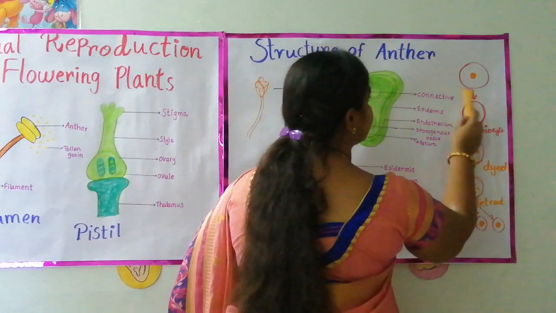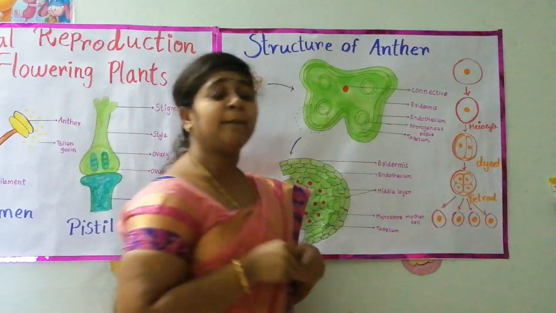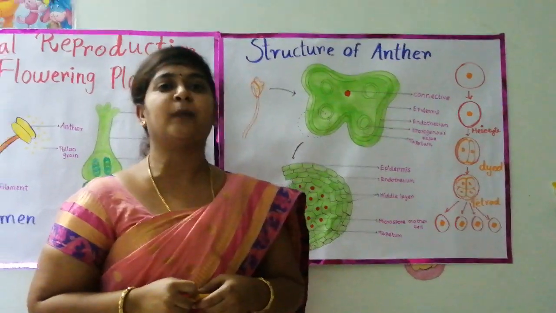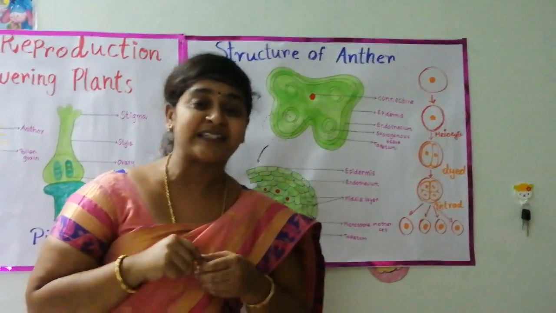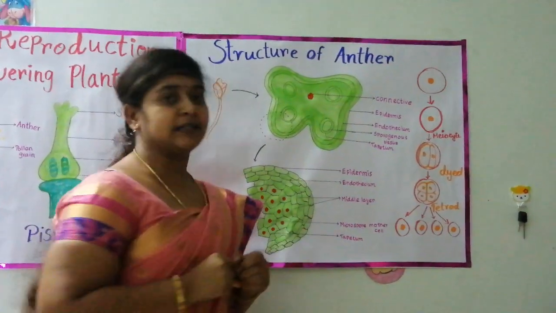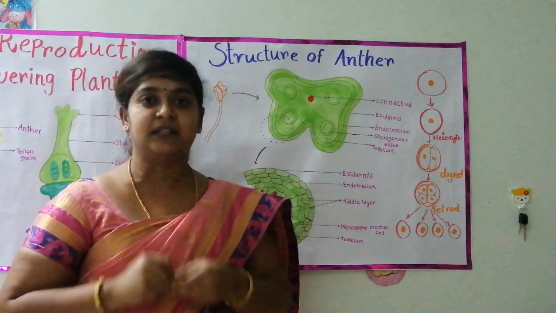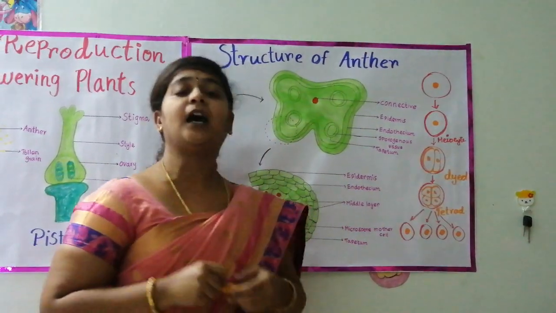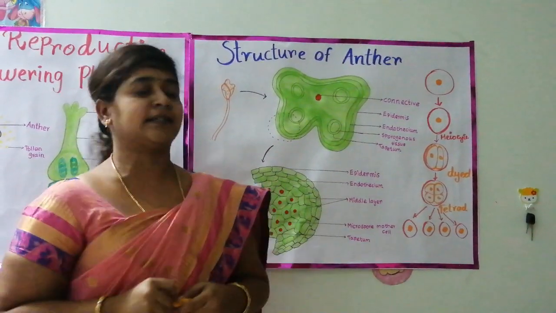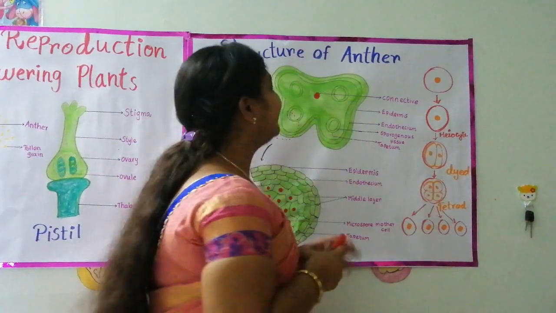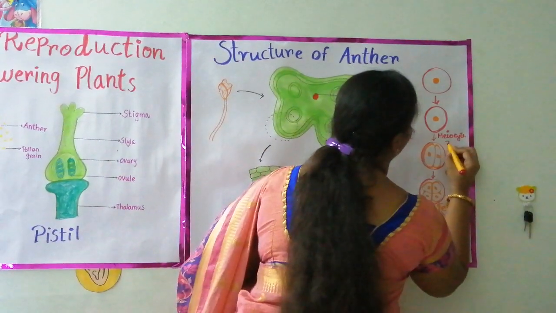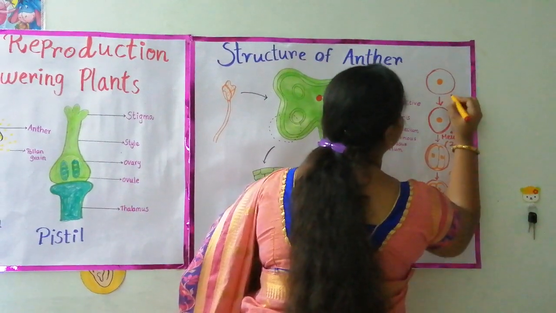Actually, this is the spore. This spore may produce the meiocyte. What do you mean by meiocyte? The meiocyte is the mother cell, the pollen grain mother cell. So the meiocyte is also diploid.